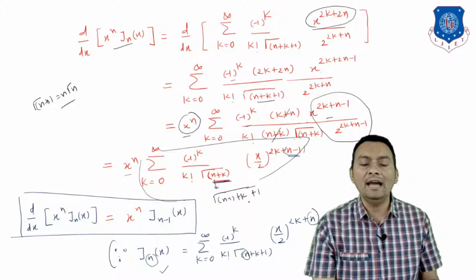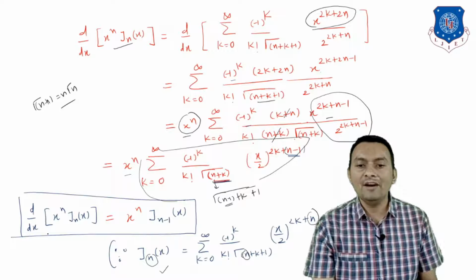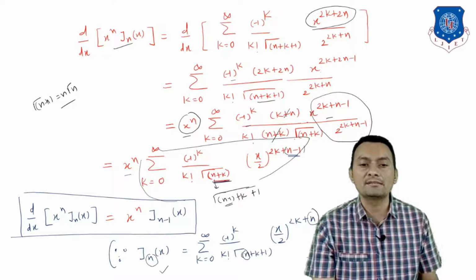According to that we can say that this order is n-1, that is J(n-1). So this is the Bessel's function of order n-1. So we have proved that d/dx of x^n Jn(x) is the same as x^n times J(n-1)(x).